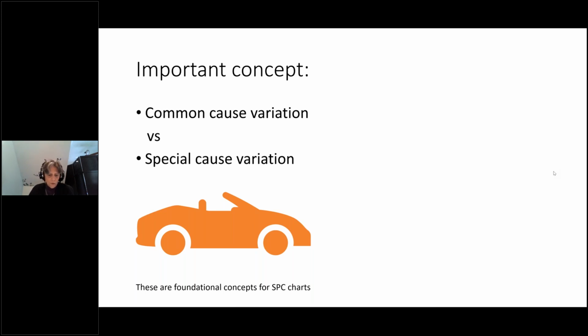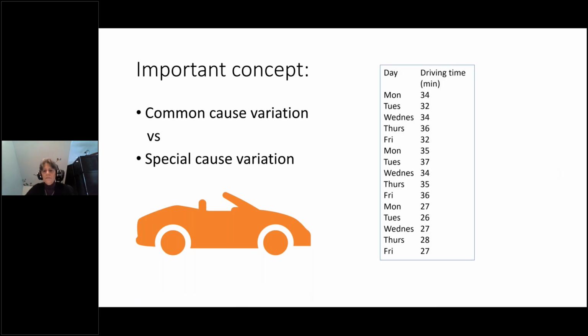If you drive to work, your driving time may be 34 minutes on Monday, 32 minutes on Tuesday. There's going to be some inherent variability in this process. And what the control charts will tell us is how much of that variability is expected, or are there events or changes that suggest that there's something going on beyond common cause variation, and that would be special cause variation.